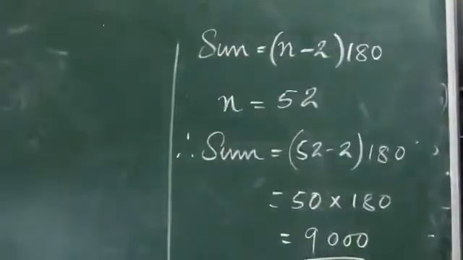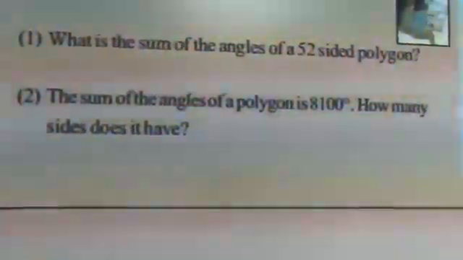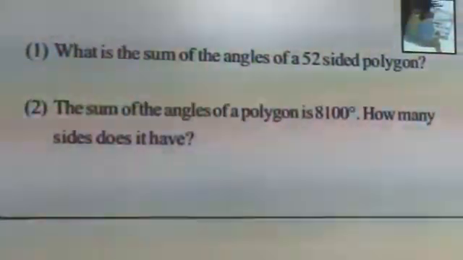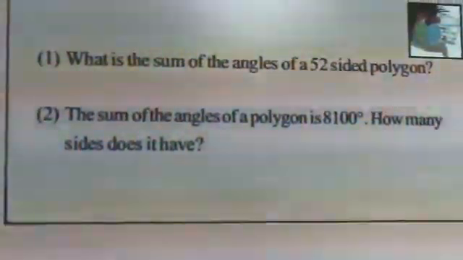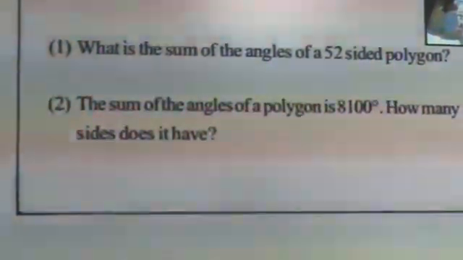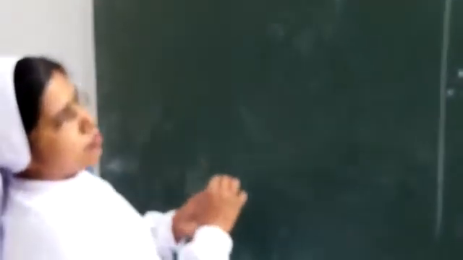The next question. The sum of the angles of a polygon is 8100 degrees. How many sides does it have? We need to find out how many sides there are. What is given to us? The sum of the angles.